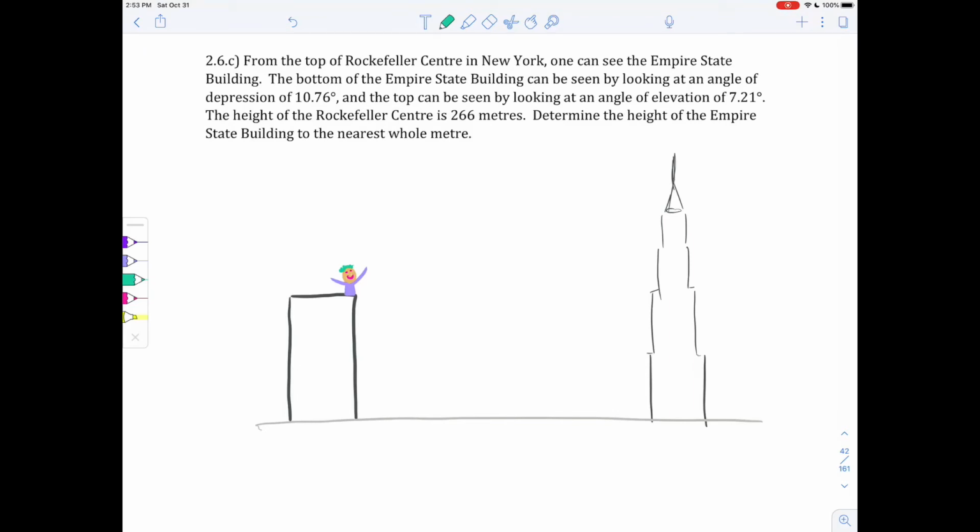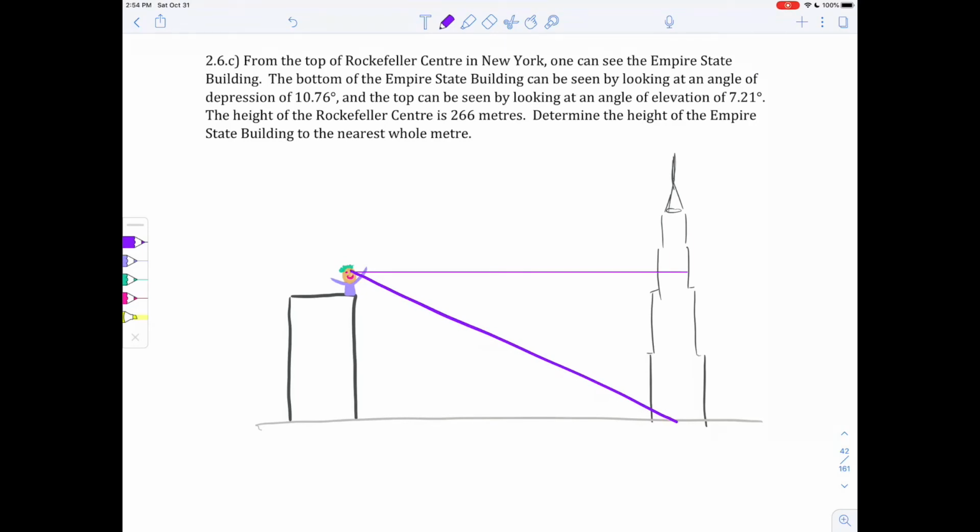All right. So from the top of that, you can see the Empire State Building. The bottom of the Empire State Building can be seen by looking at an angle of depression of 10.76 degrees. Okay. Well, remember, angle of depression goes from your horizon, which is a horizontal line from your eyeballs, down to your line of sight.